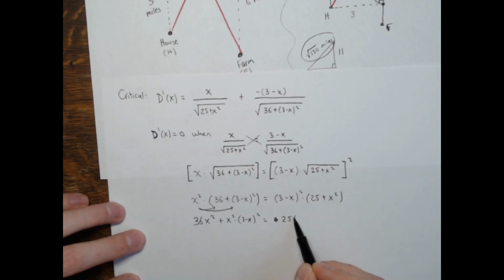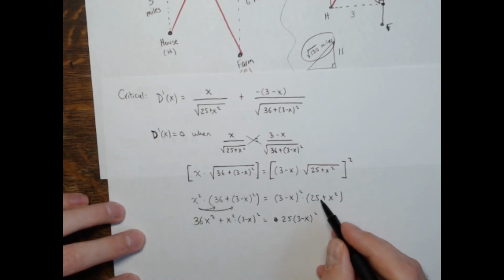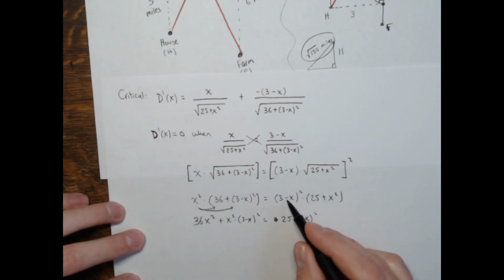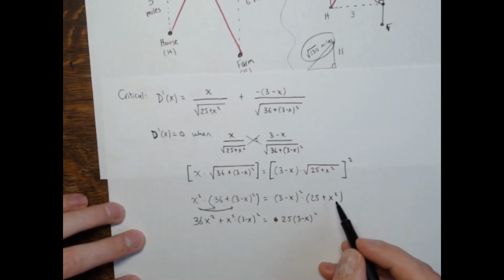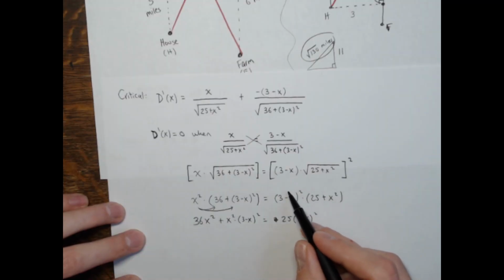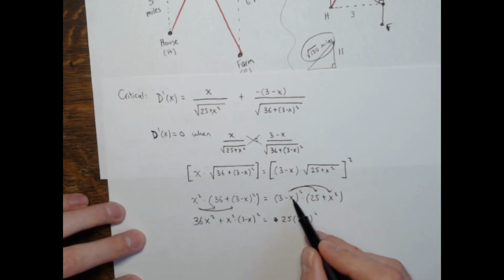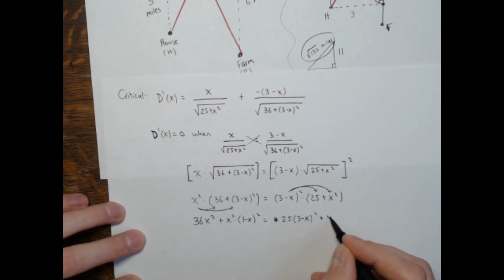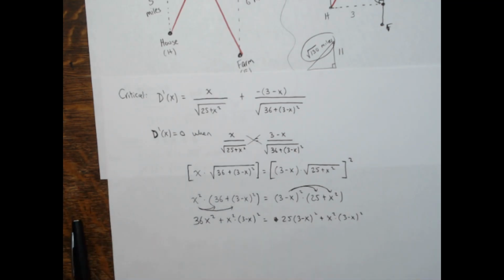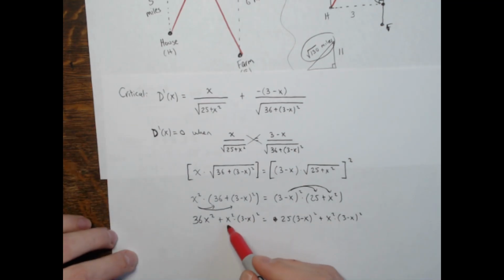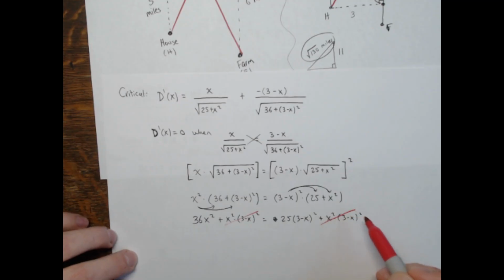There'd be 25 of this 3 minus x squared. I'm just putting this into this. So 25 of this 3 minus x squared and plus x squared of this 3 minus x squared. So you see this x squared times 3 minus x squared on both sides. We can subtract that away.